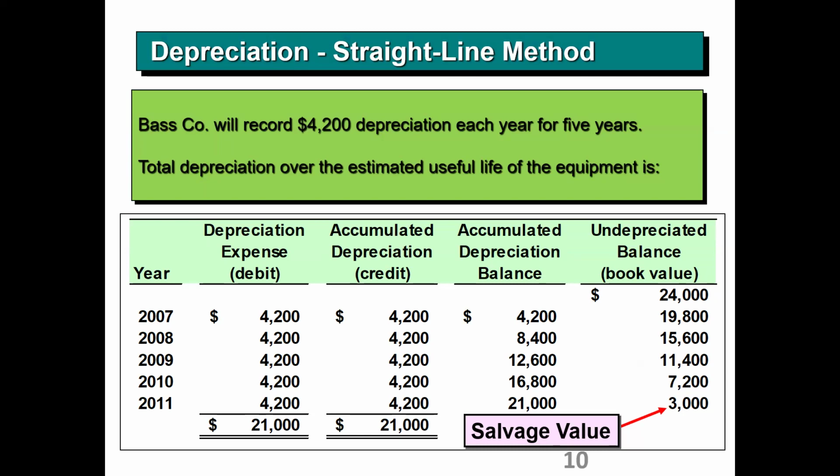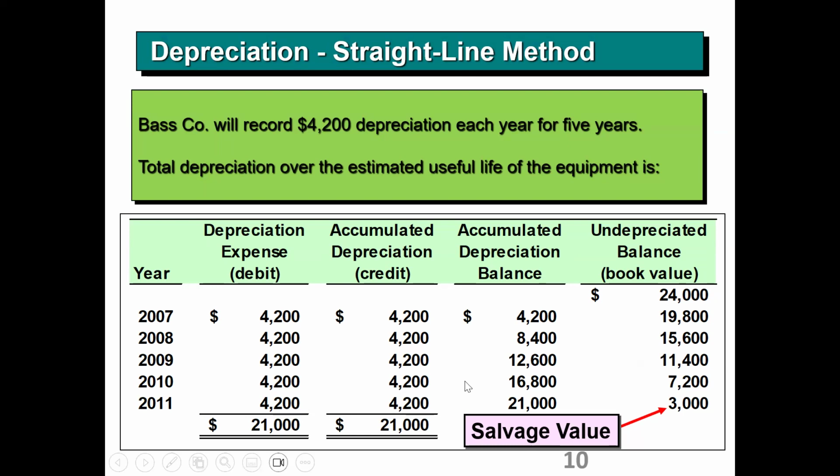And from 24,000, we minus 4,200, we are left with 19,800. In the second year, again, we'll have same amount of depreciation expense debit and credit in the accumulated depreciation account. But this time the balance of the accumulated depreciation would increase by 4,200 and it would be 8,400.